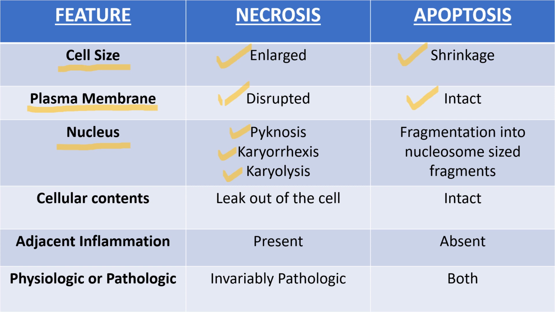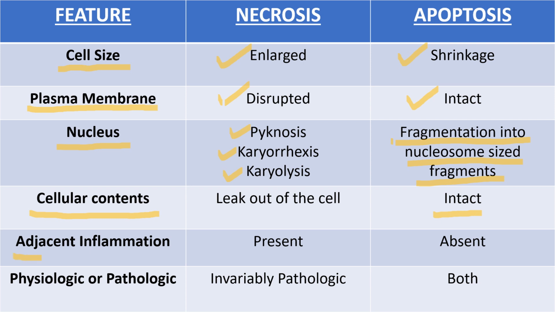Whereas the nuclear changes in apoptosis are fragmentation into nucleosome sized fragments. What about the cellular contents? Because the plasma membrane is disrupted in necrosis, the cellular contents will leak out of the cell, but in apoptosis they will remain intact.